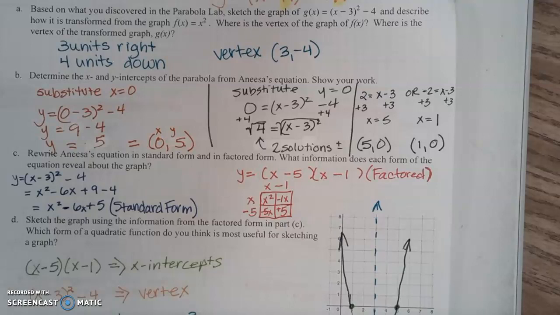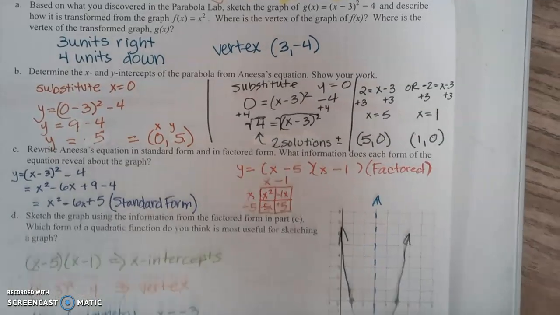Some teachers have different methods, but basically we end up with (x minus 5)(x minus 1). That's called factored form. So this is standard form, this is factored form, and that up there was vertex form. So we've just seen that same equation in 3 different forms.